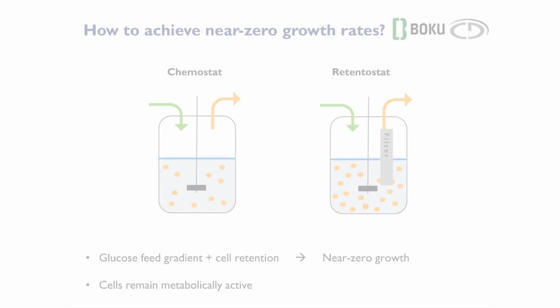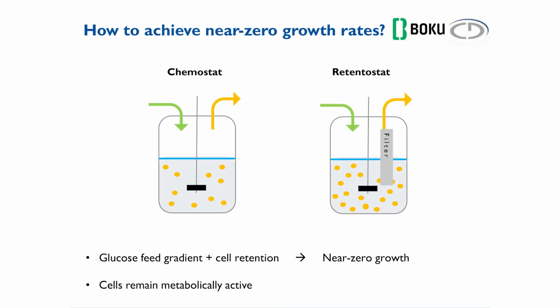So I'll just explain near-zero growth rates because it might not be clear how we get there. Chemostats are good to a point, to about a growth rate of 0.025, but to go lower, it's a little bit tricky to have a nicely controlled system. So we use a retentostat cultivation, which is very similar to a chemostat, where you have full cell retention.